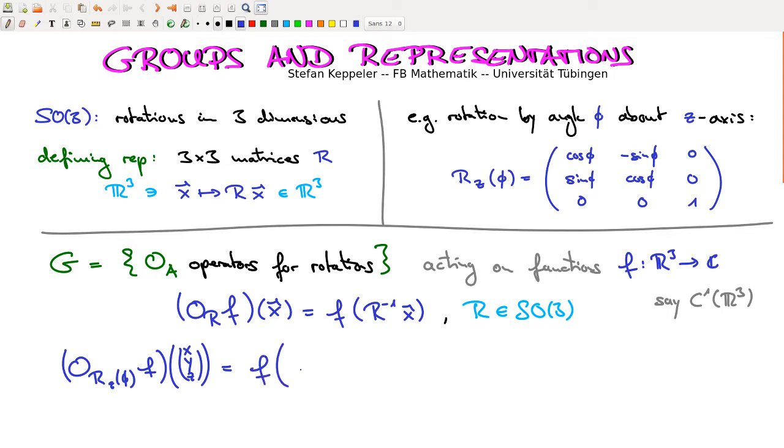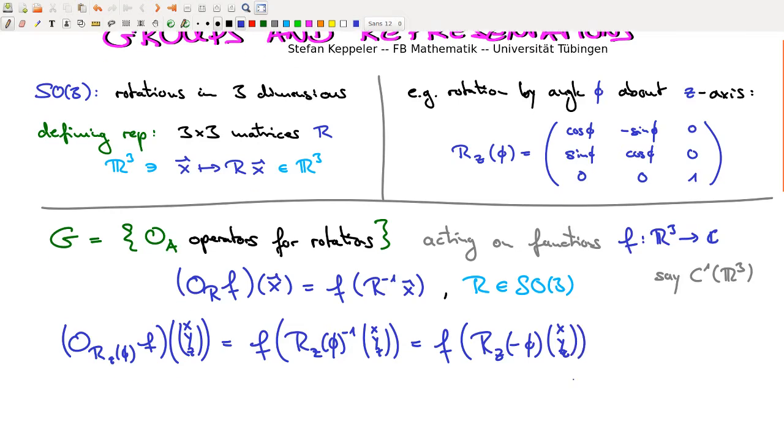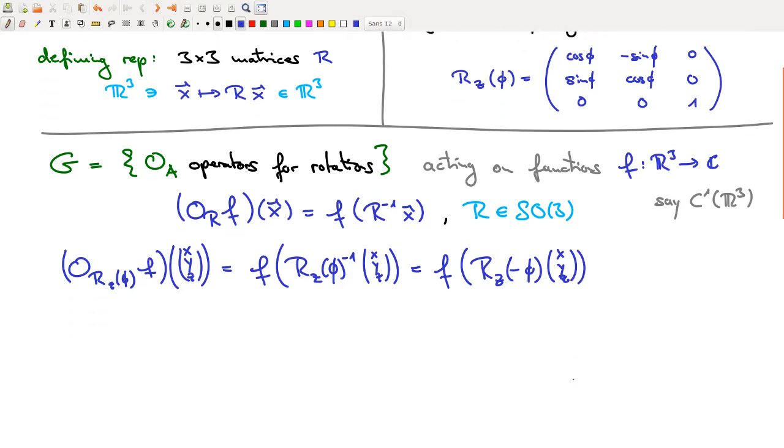That's f evaluated at RZ of phi inverse times x, y, z. And what's the inverse? The inverse is just rotation with the opposite angle, minus phi instead of phi, same axis, applied to x, y, z.